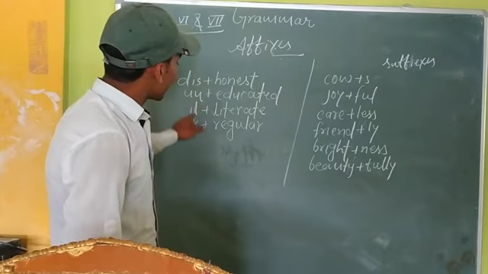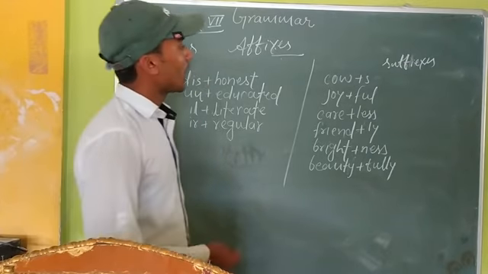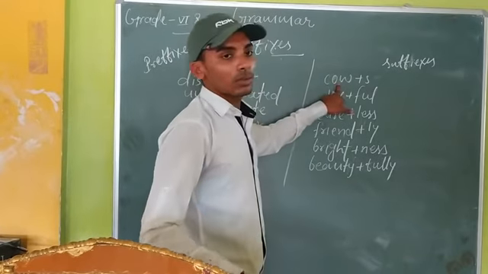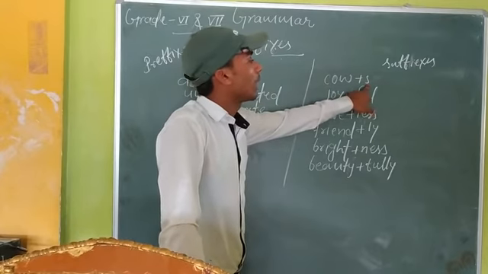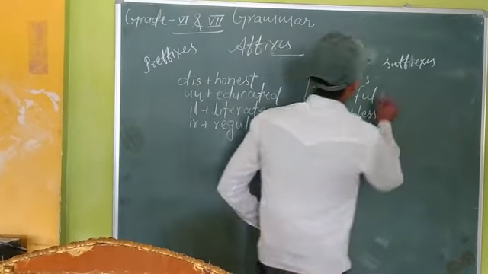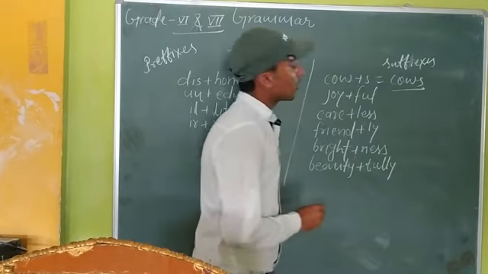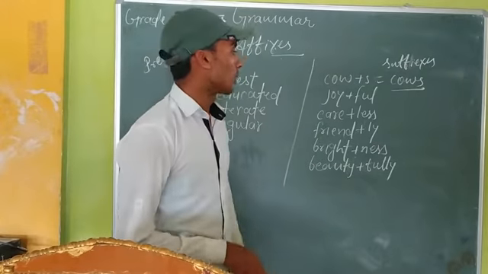So the same words follow their function as you are seeing, and after that, in suffixes, what you are facing here: there was a singular noun and we have added s, then it has changed its number from singular to plural.